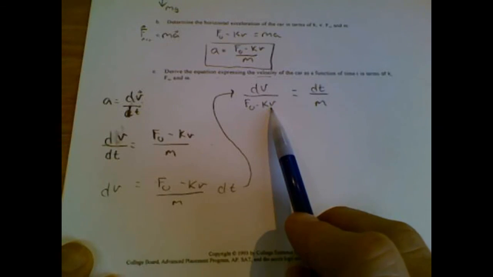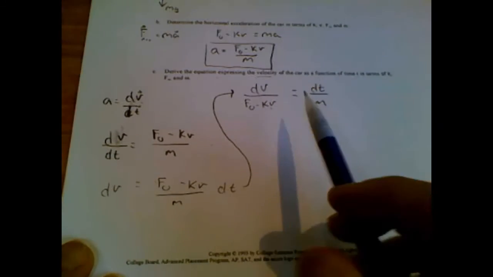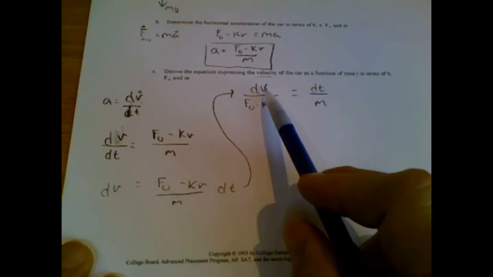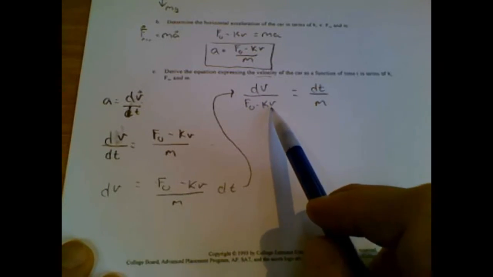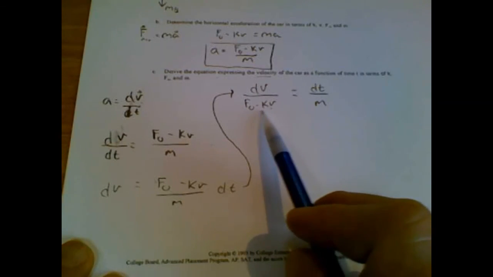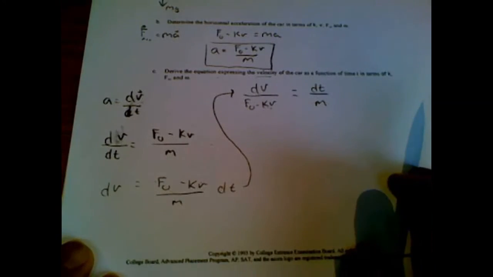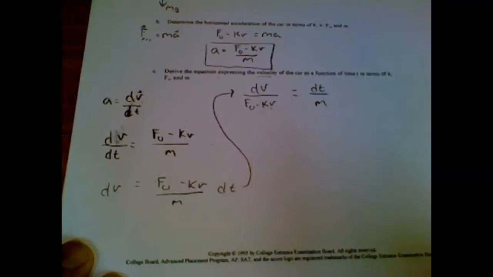Again, I want an expression for velocity. So eventually I need this velocity on its own, plus the fact that I don't like that I'm bringing this thing in where I'm eventually going to integrate with respect to v. So I'm going to factor out a k over here, which is a little bit weird, but it's just so I can get v by itself.